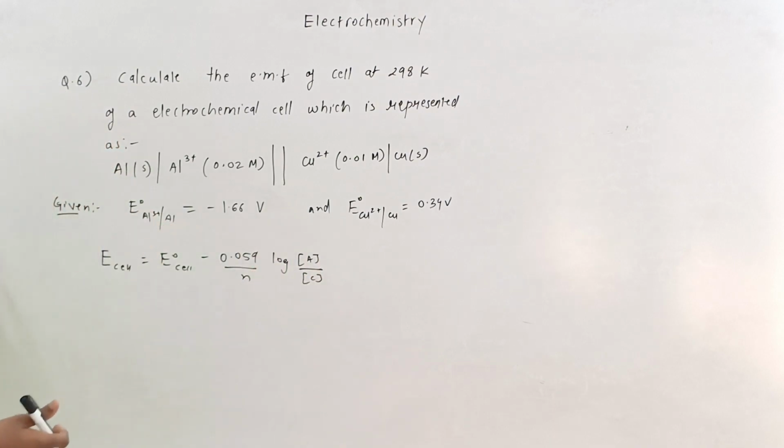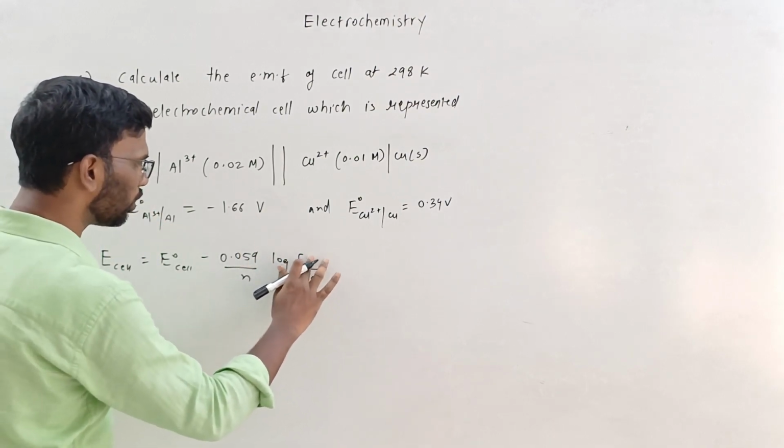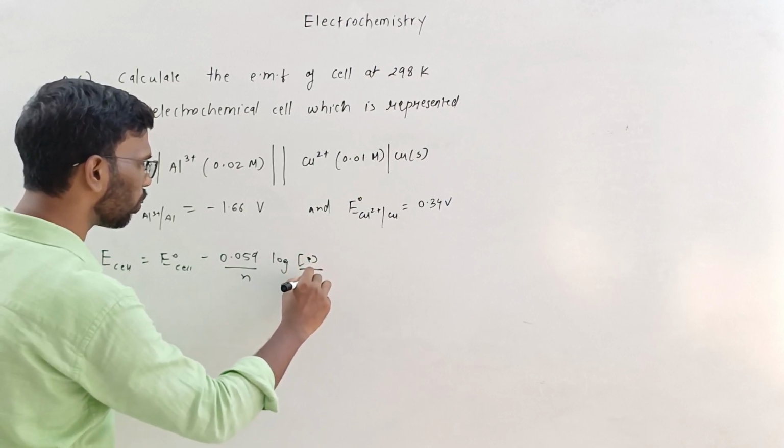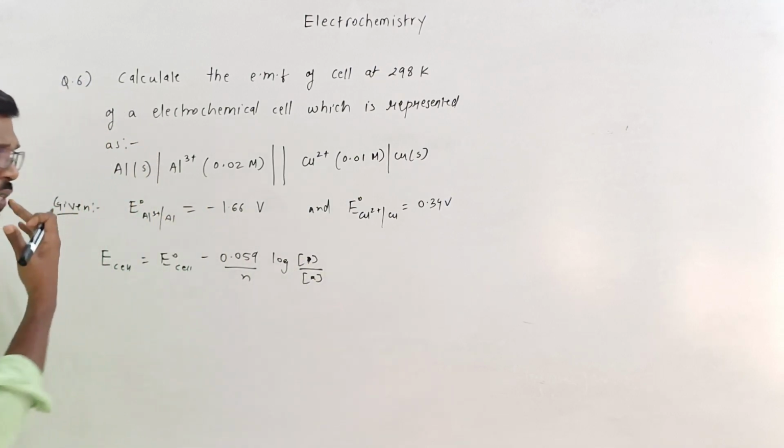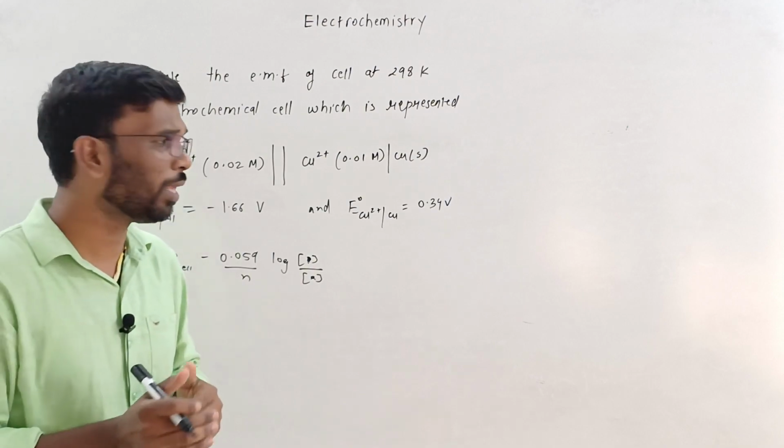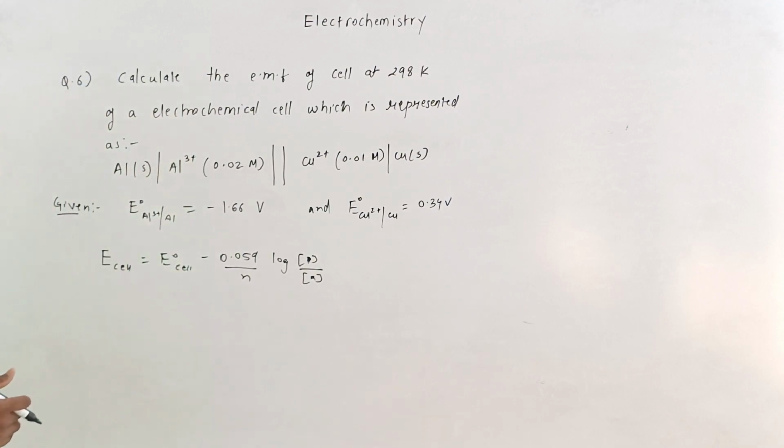We can write product upon reactant also, the concentration of the product upon the concentration of the reactant in the overall reaction, because stoichiometric coefficients will be involved, right? So that will matter over here.